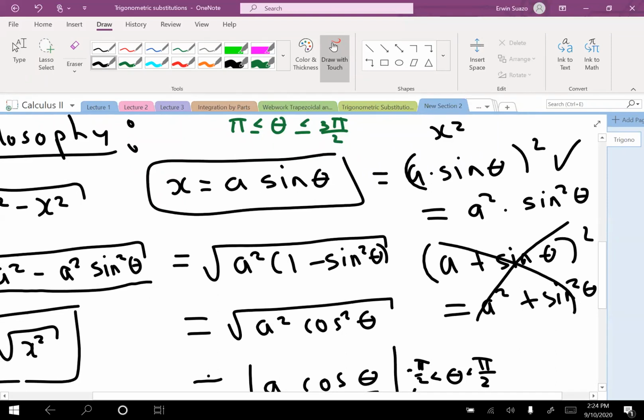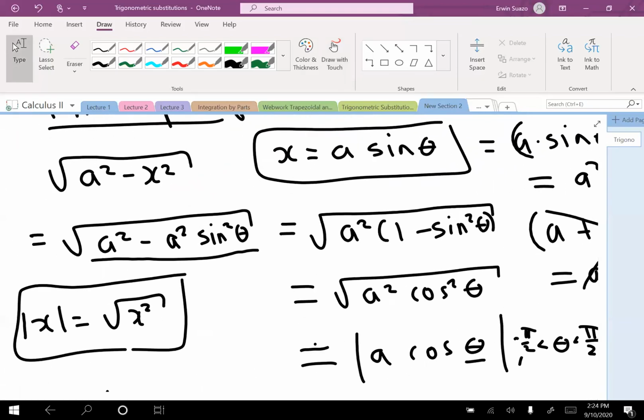Is that a question? It's the one to the side: the a squared minus the a squared sine squared, and then that equals a squared times 1 minus sine squared. Oh, I factor a squared, and then that's what I can replace. Yes, okay. Thank you. Sure.